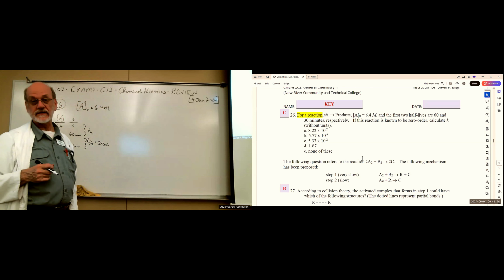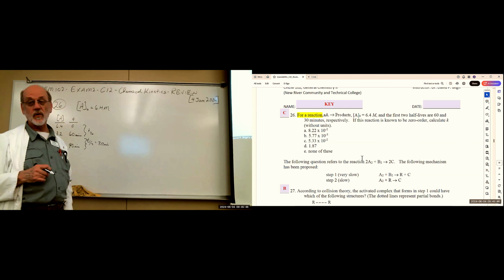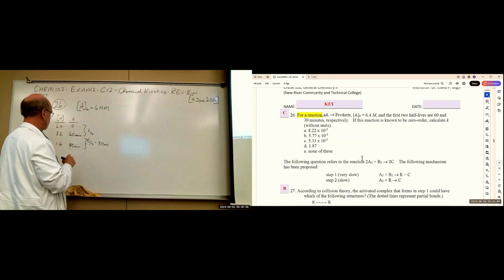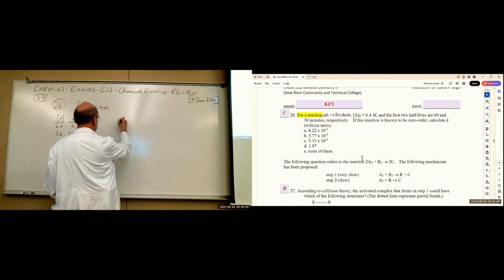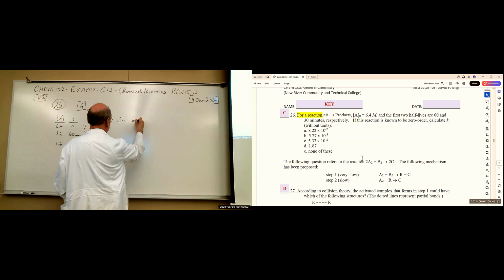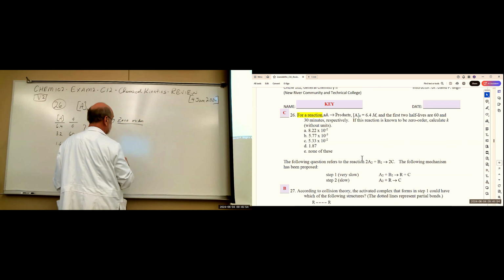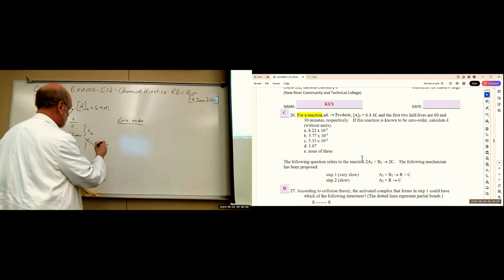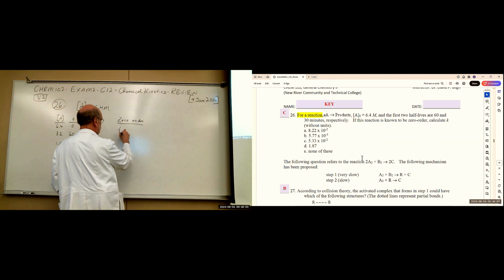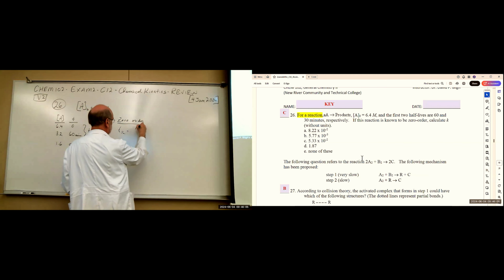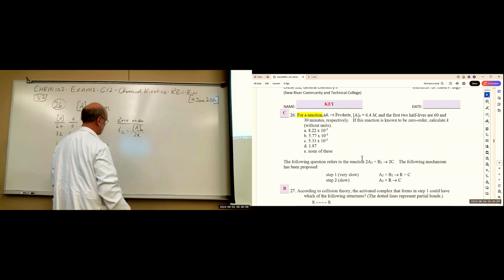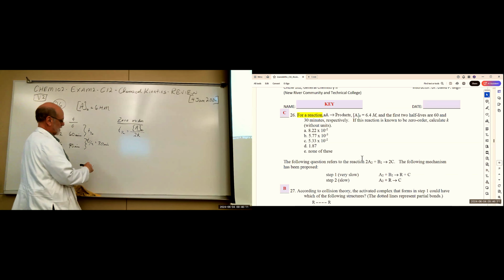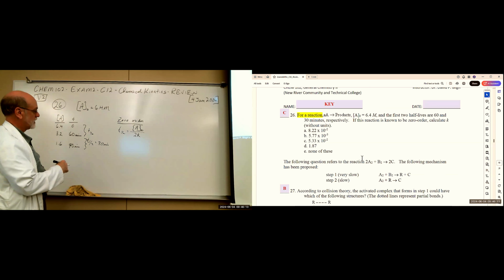Oh, that's nice. They tell us this is a zero order reaction. So if it's zero order, we just look at the zero order half-life: T1/2 equals A0 over 2K. And we can pick either one, actually.